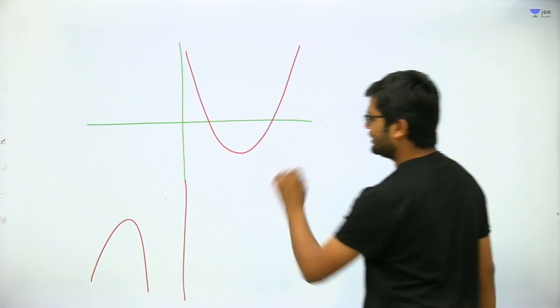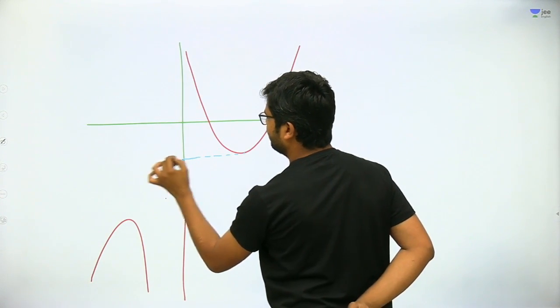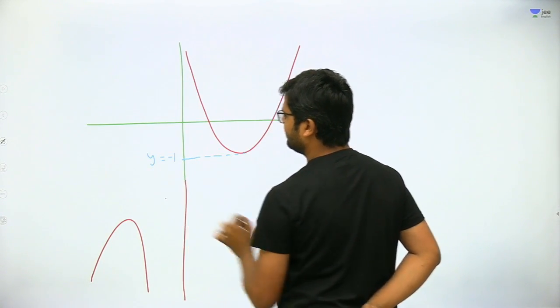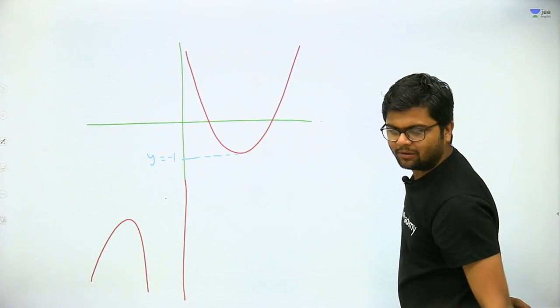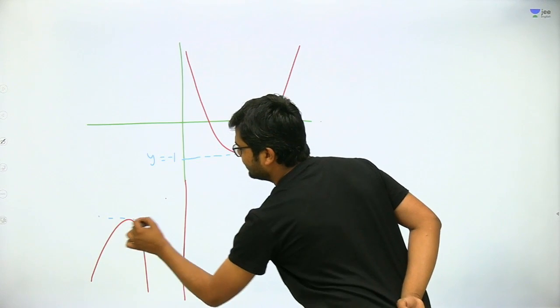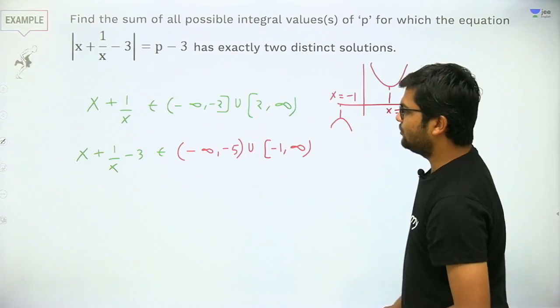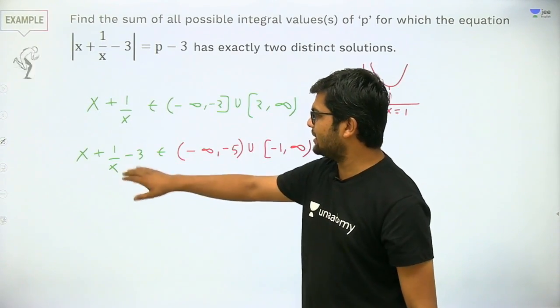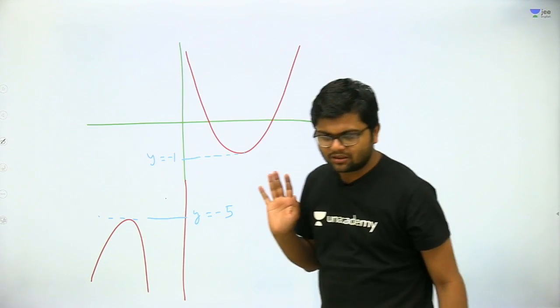This value will be y equal to −1, because on the positive side it is from −1 to positive infinity. And on the negative side it will be y equal to −5. This is the graph of this function, x + 1/x − 3. I think till now everybody has got what I have said to you.